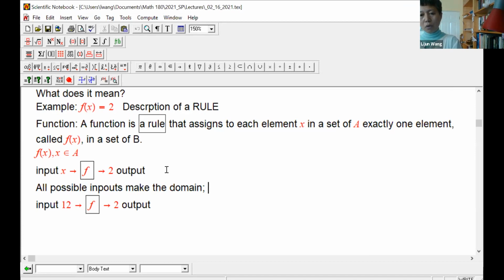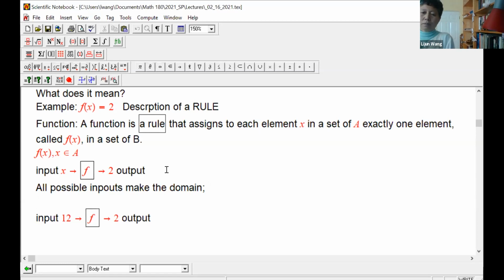If I know the rule, what are the numbers that will be fitting to be the input? And there we go, because for every input, there has to be a unique output. Is 2 unique? Of course, 2 is unique, right? Okay, so that's the domain.